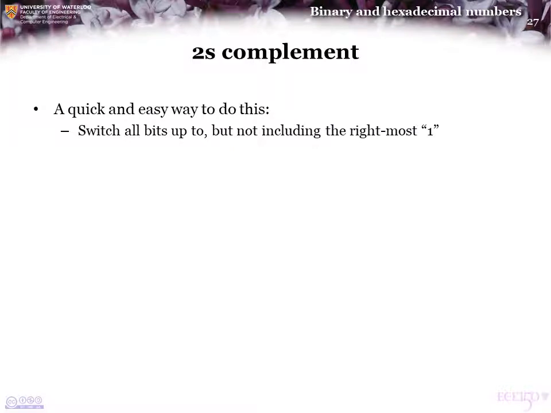Now there's an easier way to do the 2's complement as opposed to flipping all the bits and adding 1. Instead, flip all the bits up to, but not including the rightmost 1. So the rightmost 1 and everything after it is shown here in blue. The 2's complement of this number is all the bits before that 1 flipped.